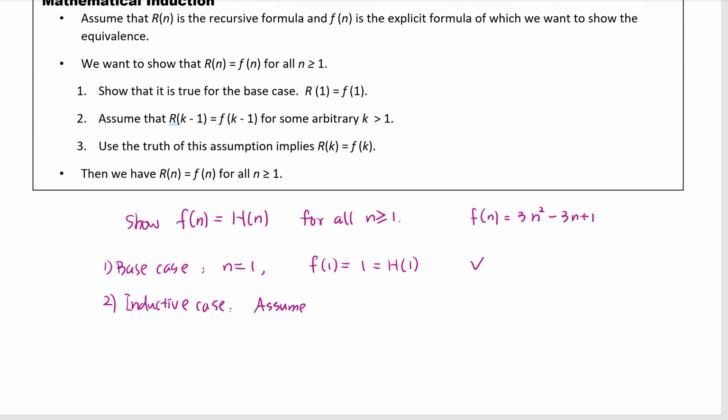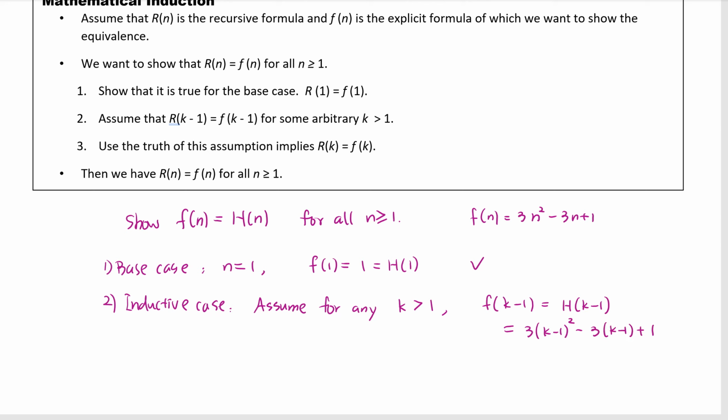Second, we have the inductive case. Remember, we assume for any k greater than 1, let's assume Fk minus 1 equals Hk minus 1. Okay, so that equals 3(k minus 1) squared minus 3(k minus 1) plus 1.